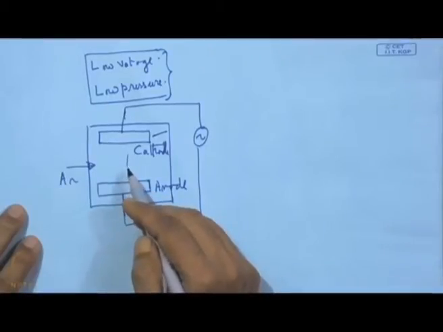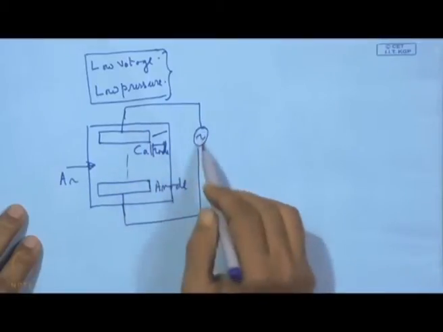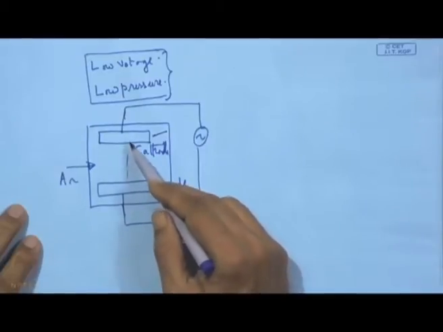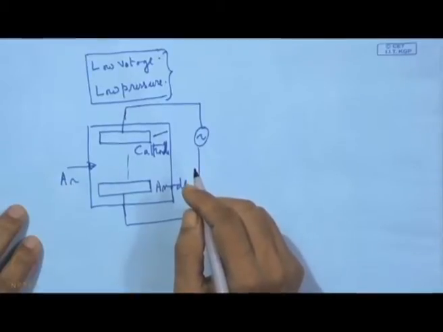motion to this electron, and that is possible just by giving this alternating voltage across these two electrodes which are put inside this sputtering chamber.